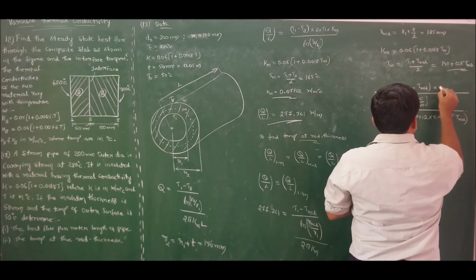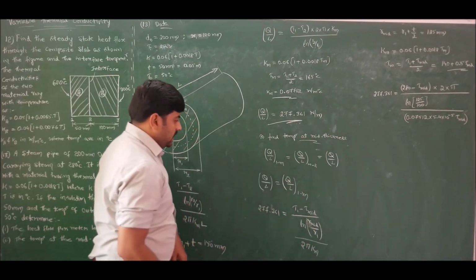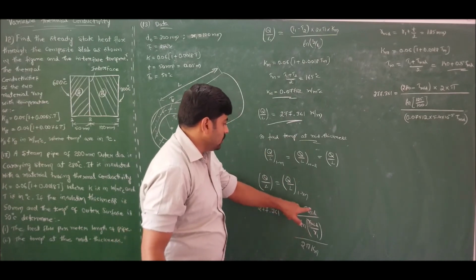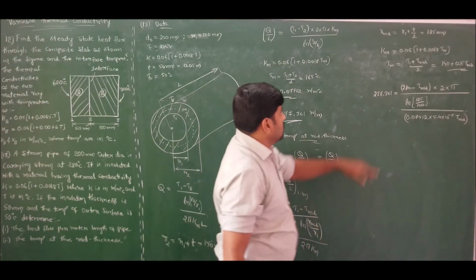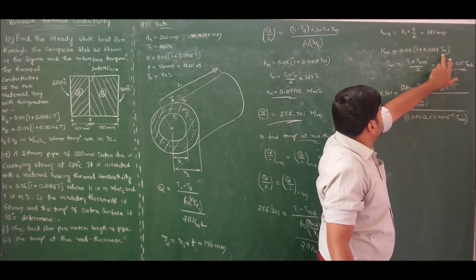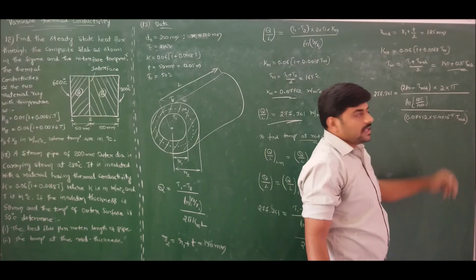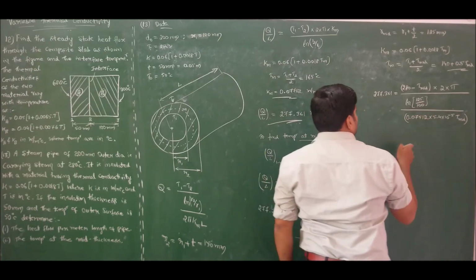So I sent 2 pi to the numerator, and I calculated Km by substituting T mean, that is 140 plus 0.5 T mid, and simplified completely. If I simplify completely I will get this expression. Now I can calculate the value of T mid.